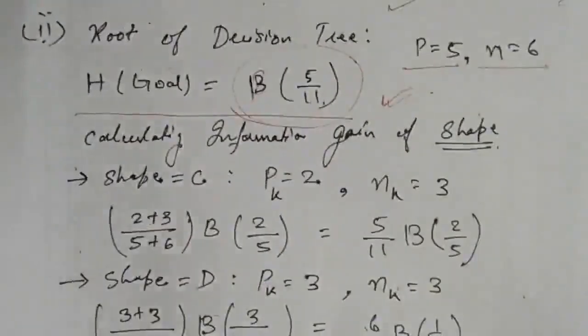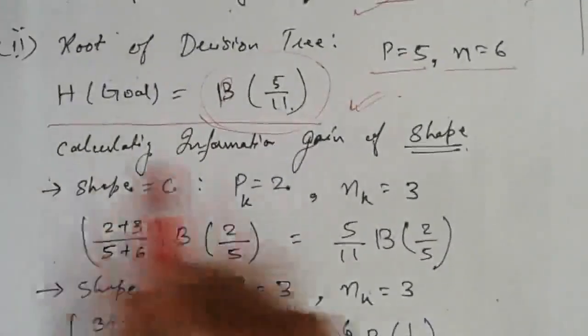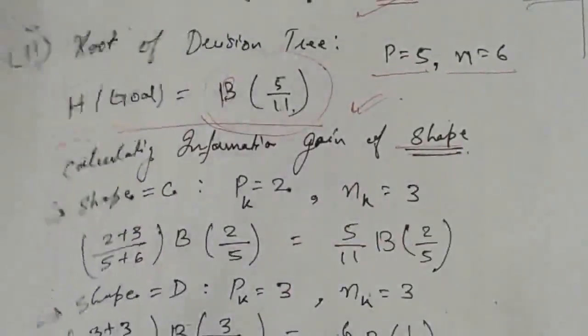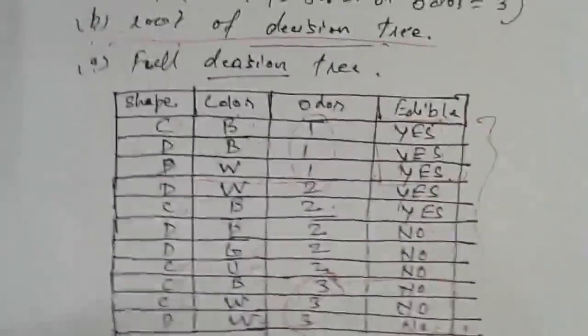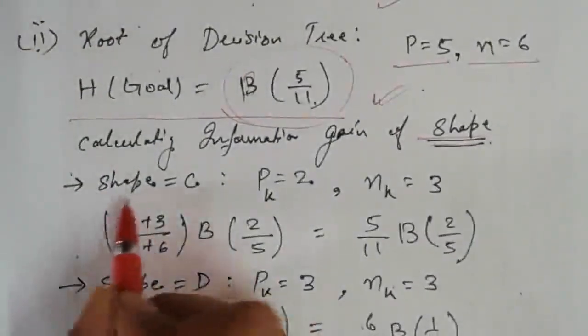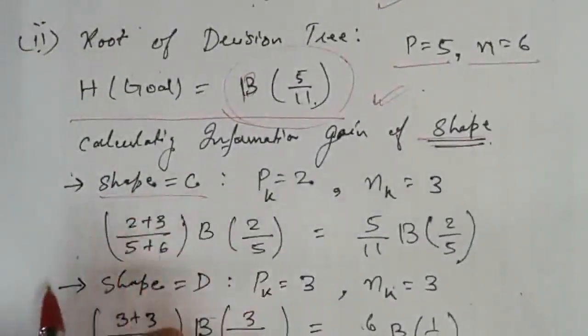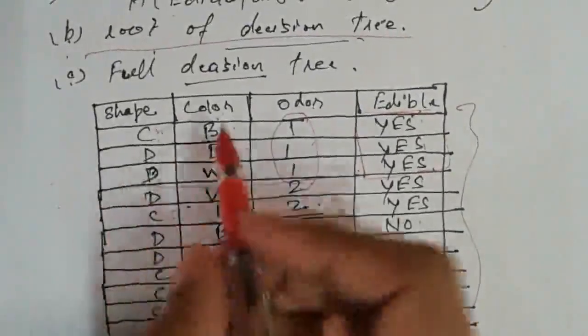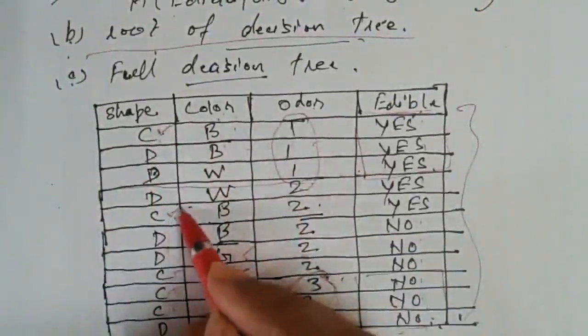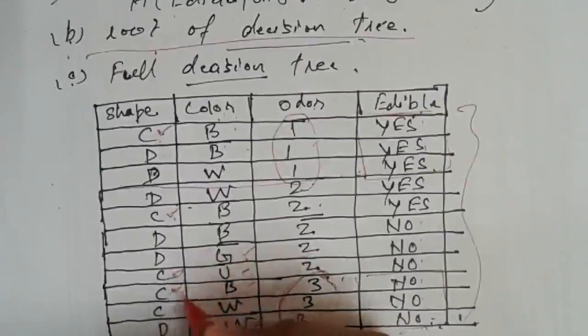Now what will be the information gain? First let's calculate the information gain of shape, right? Shape has 2 values, C and D. For example, we take shape is equal to C. With this decision of C, we have these 5 rows, right?